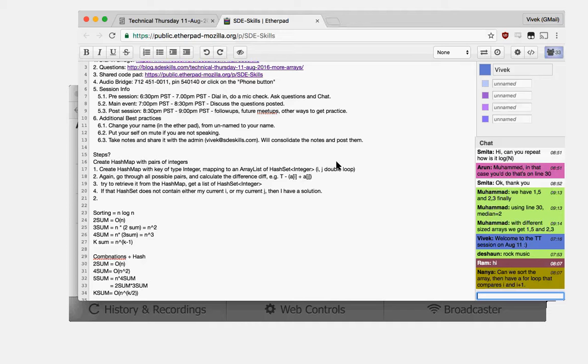Restating: if A of I is greater than I itself, that means there is something missing to the left, between 0 and A of I. Correct. So that's the solution.